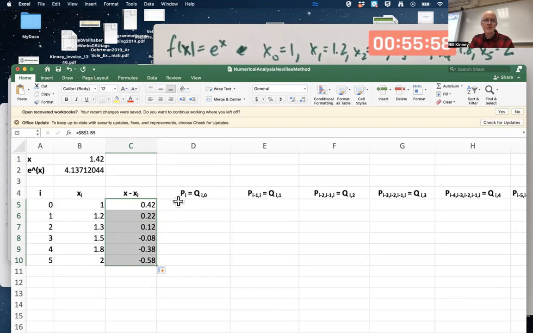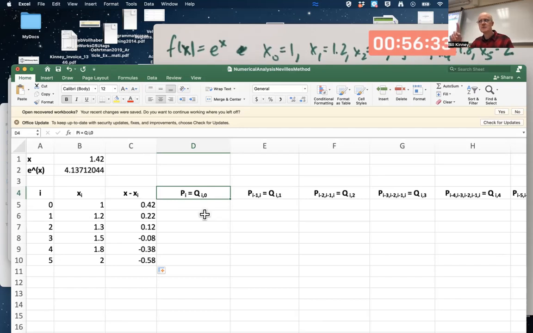This first column after that point, you can see, is labeled P sub i, and also Q sub i comma 0. This is consistent with the labeling in the book. Having one subscript under the P emphasizes that the values in this column are going to come from degree 0 approximations.